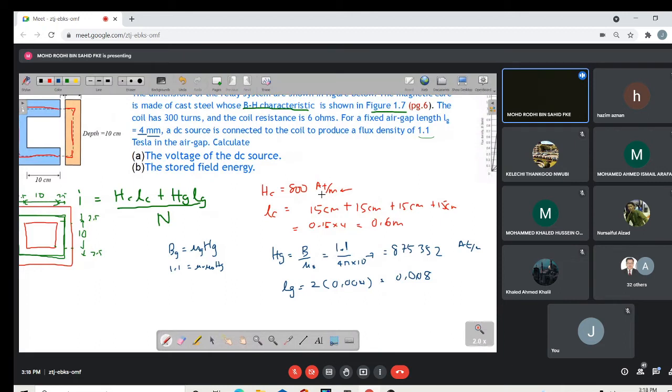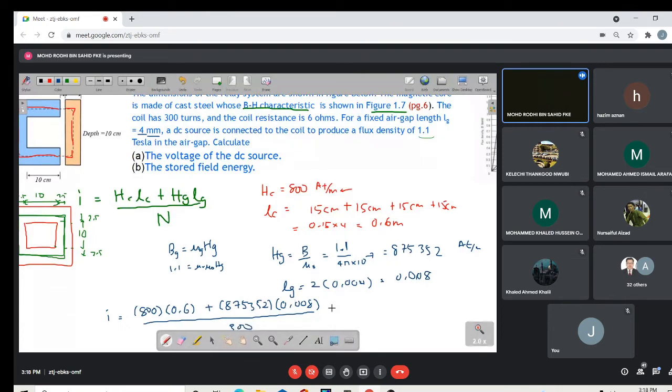If we want to find the current, just plug in all the values. Hc is 800 multiplied with Lc, which is 0.6, plus Hg, which is 875,352 multiplied with Lg, which is 0.008, divided by the number of turns, which is 300.